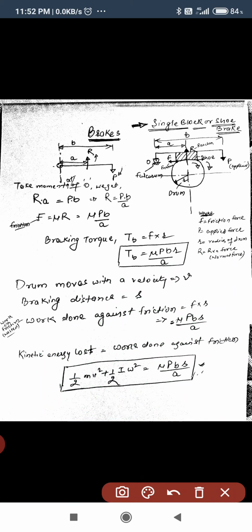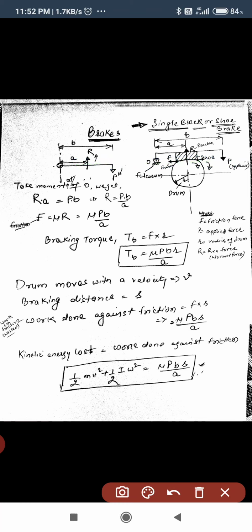You must have an idea and knowledge of this. So I am discussing the first case, where the frictional force is in the same line as the fulcrum point O.